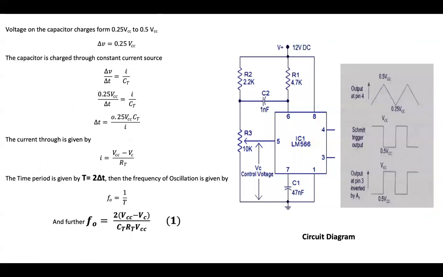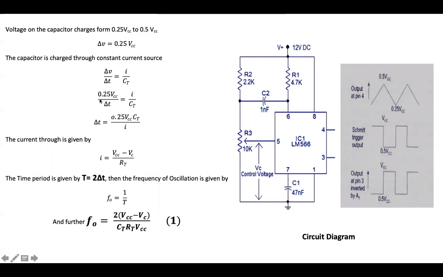Now concentrate on the equations here, right? In these equations, you are seeing that the capacitor charges from 0.25, a quarter of VCC, to half of VCC, and if I subtract these two, then it's about 0.25 only. So that's delta V. Now delta V by delta T is nothing but I by CT, where CT is the total capacitance value, and delta T is the time it takes.